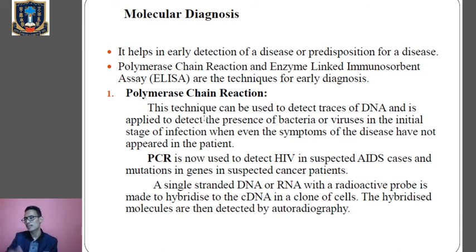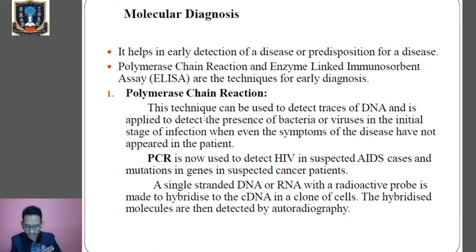There we learned about different steps like denaturation, annealing, and extension, and also about the different types of enzymes used in PCR. So try to recall it. PCR lets us obtain numerous copies of DNA molecules within a short period of time.